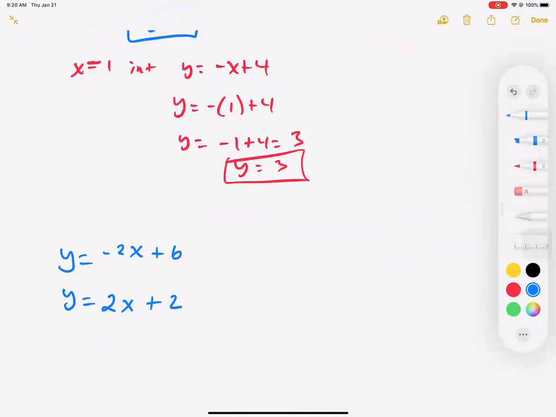All right, let's find the solution with substitution.